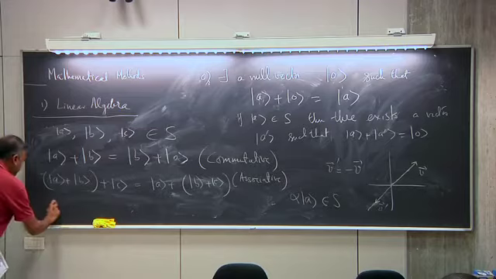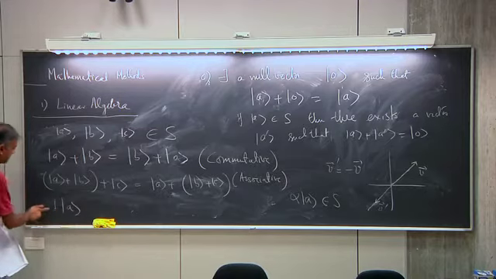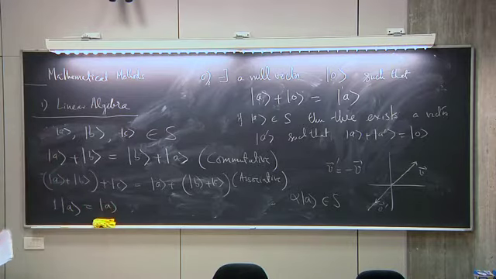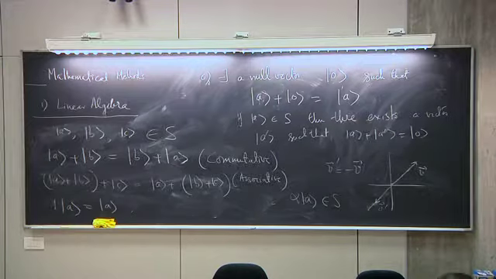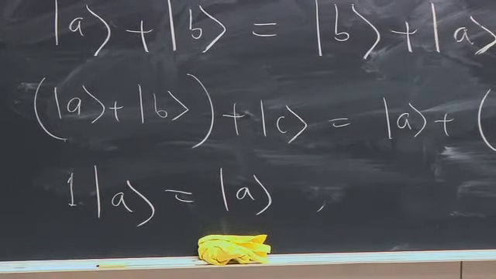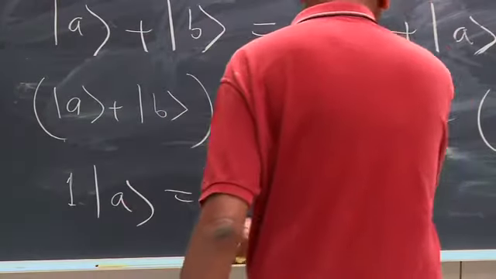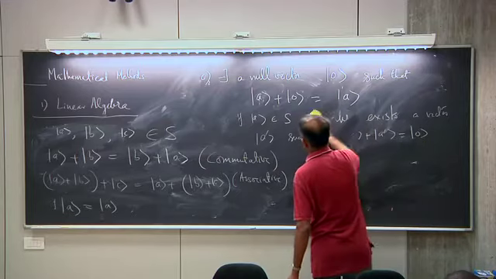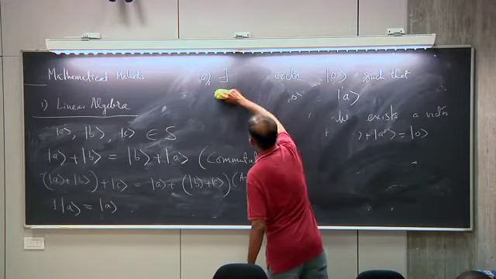So 1 times A is again A, which is true for a vector as well: you're not changing anything. Its length and direction are the same as the original. So this is as far as the multiplication is concerned. But now we have to specify a little bit more about the multiplication rules.